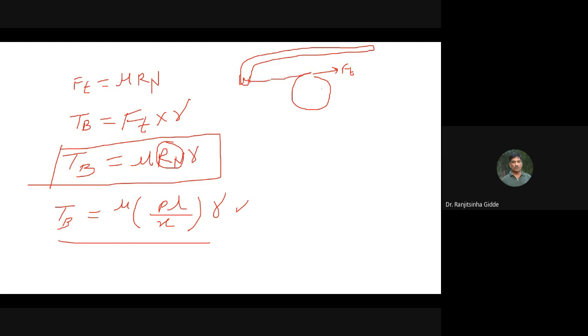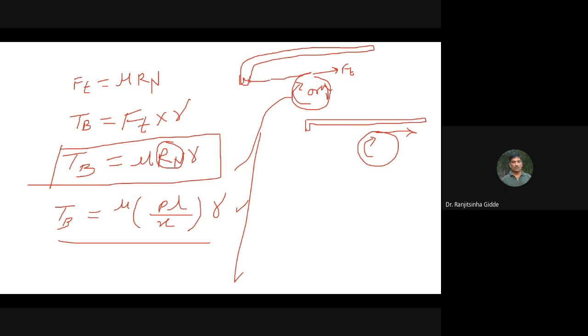Okay. And whether it is rotating clockwise or anti-clockwise, this is the answer. Now, in the second case, this one is the tangential force, this one is the clockwise rotation, and such an offset A was there.